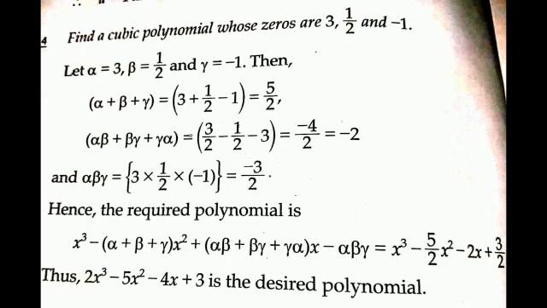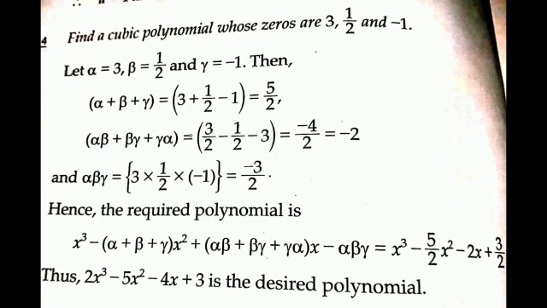And using the expression which we have discussed now, the required cubic polynomial is equal to x cube minus the sum of its zeros into x square plus the sum of the product of its zeros taken 2 at a time into x minus the product of its zeros. That is x cube minus (alpha plus beta plus gamma) into x square plus (alpha beta plus beta gamma plus gamma alpha) into x minus alpha into beta into gamma.